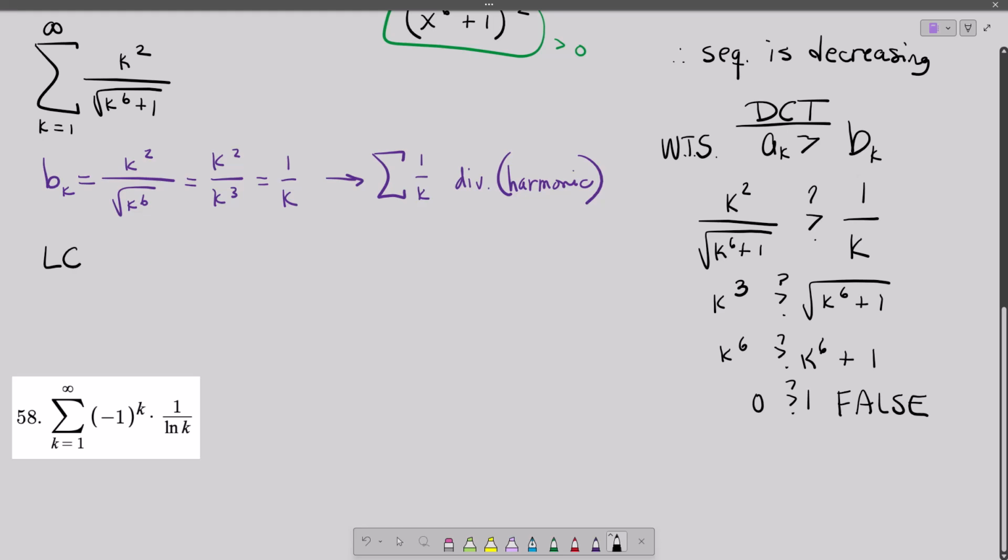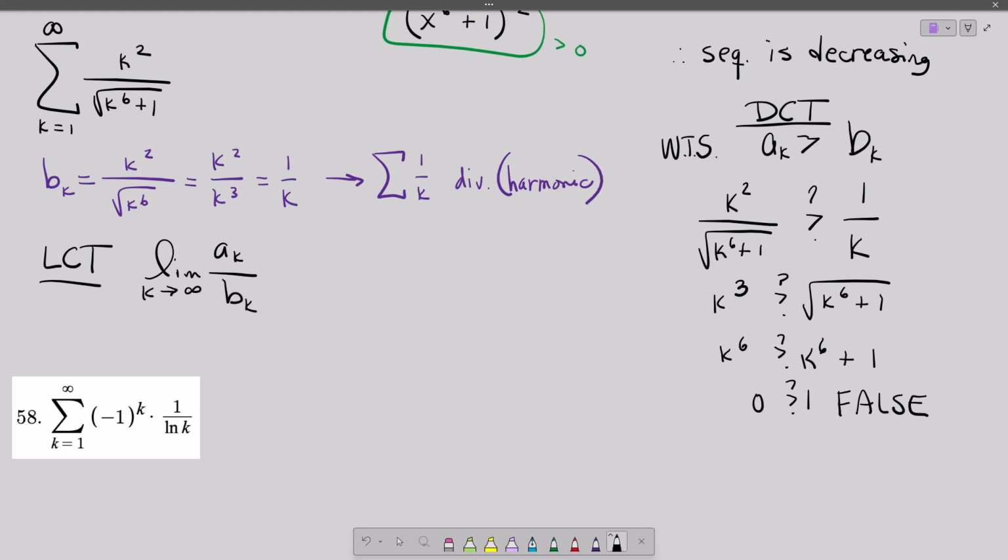So the LCT, we take the limit of A sub k over B sub k as k goes to infinity. So the limit of A sub k, that's the original that we're dealing with here. So k squared over square root k to the 6 plus 1.